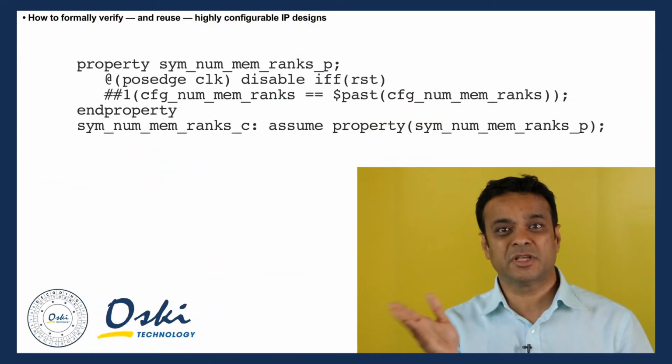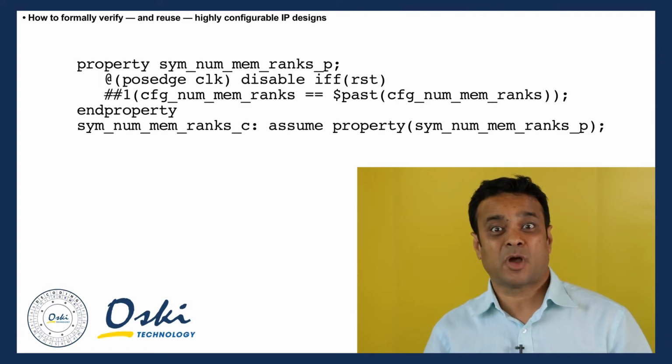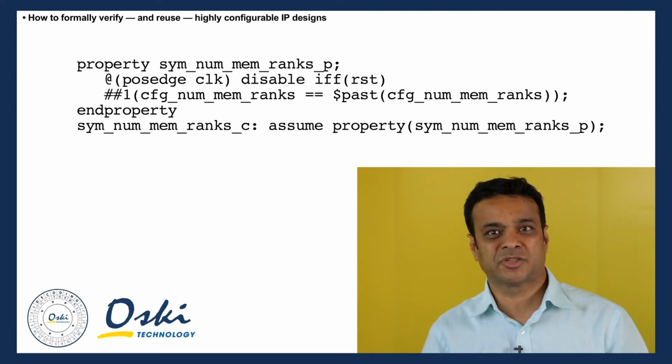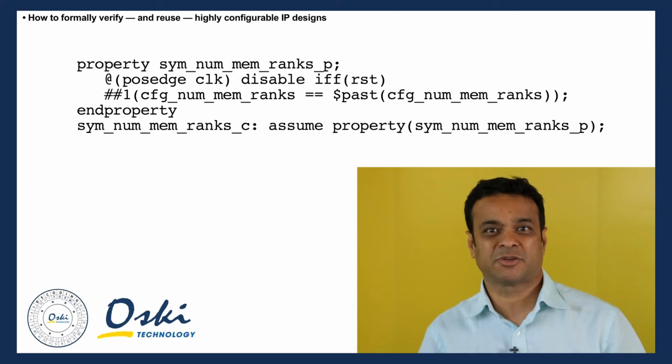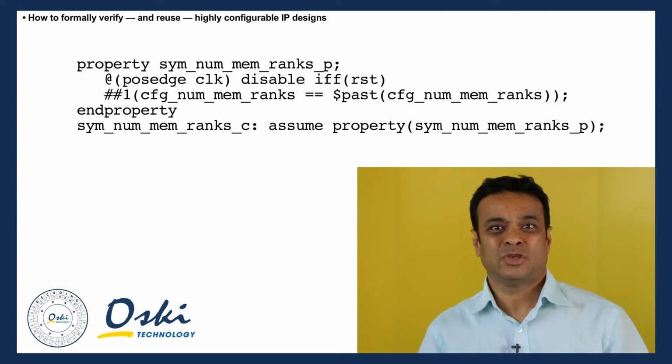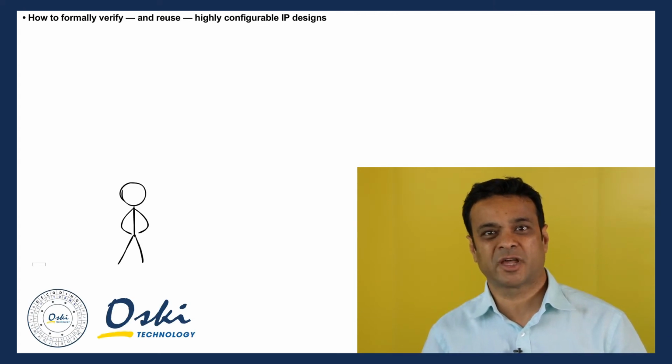And that's the beauty of formal verification: in one single formal verification run, you can try all of these different configurations together by making them symbolic constants. You can take each one of these configurations, make each one of them a symbolic constant, use constraints like this here, and in one single run, the formal tool is able to verify all of these configurations for all the checkers you want to verify, and you'll be guaranteed that the IP that you're going to use has been verified for the specific configuration.